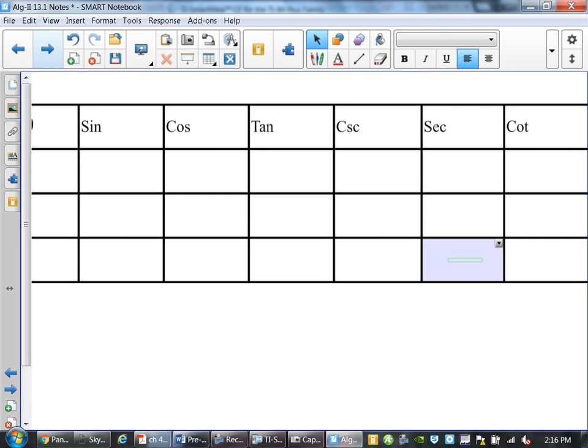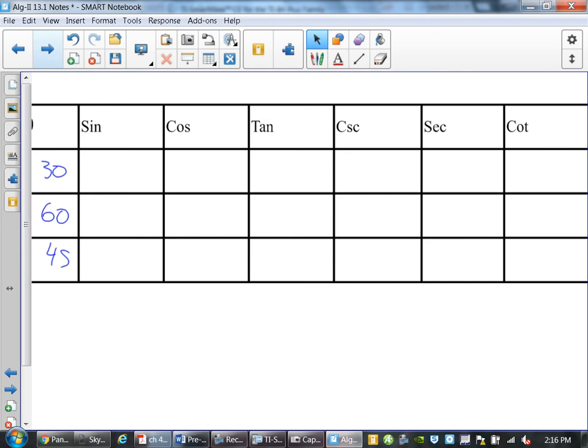And I'm going to talk about these inverse functions in a second. Sine, cosine, tangent. Now, cosecant, secant, and cotangent, I'll talk about those in a second. Those are the reciprocal identities.